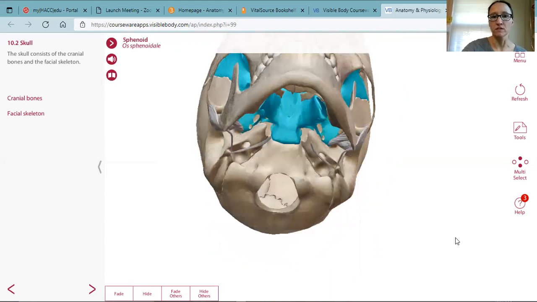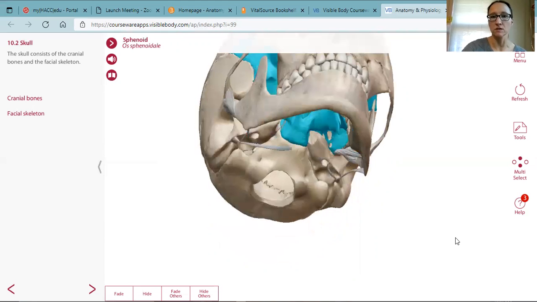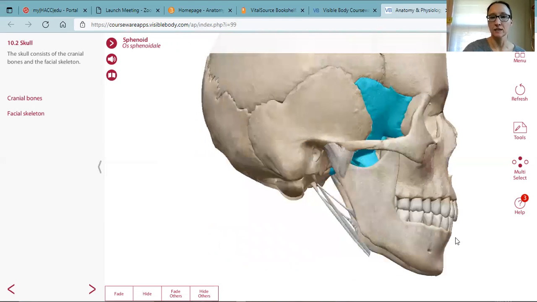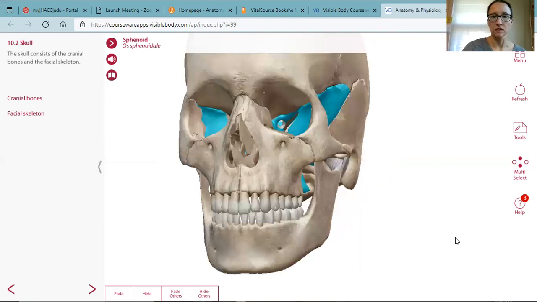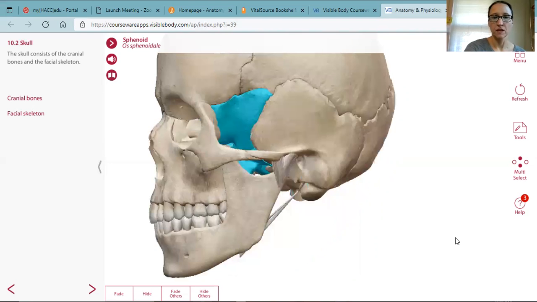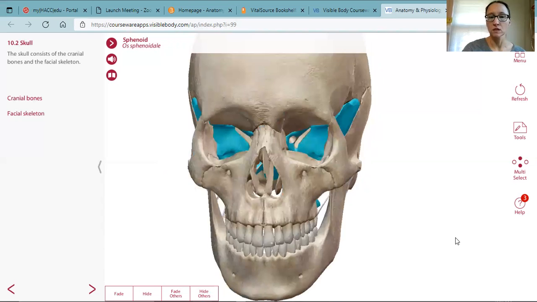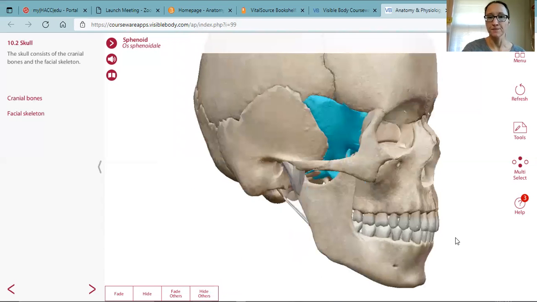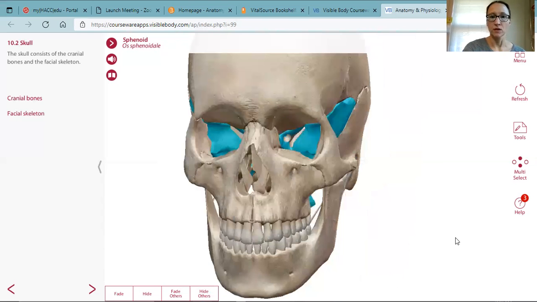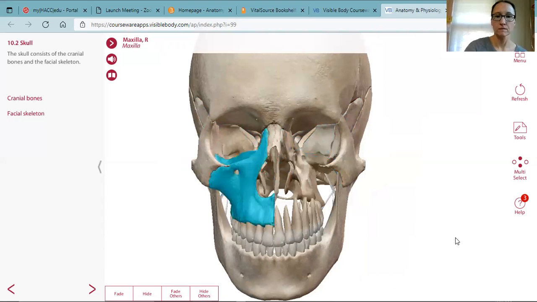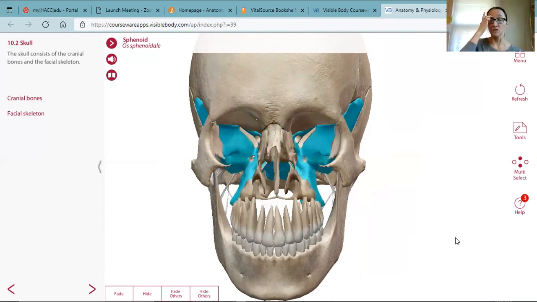Okay, so that gives you a better view of the sphenoid now that I can just color the sphenoid. And you can see exactly how it sits in the skull itself. The sphenoid actually looks like a butterfly. If you look at it through the skull, right? Do you see that?